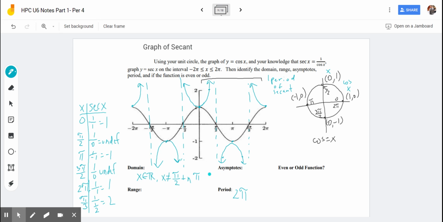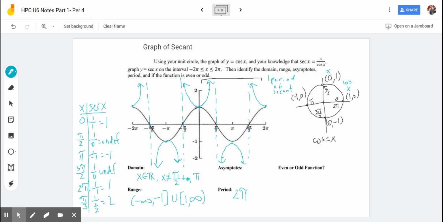Similarly to cosecant, our default range again is -infinity to infinity, but because it's not continuous, we're going to have a pit stop at -infinity to -1, close bracket because it can equal -1, union, and then it jumps from -1 to 1. So then we'll close bracket here, 1 to infinity, like that.